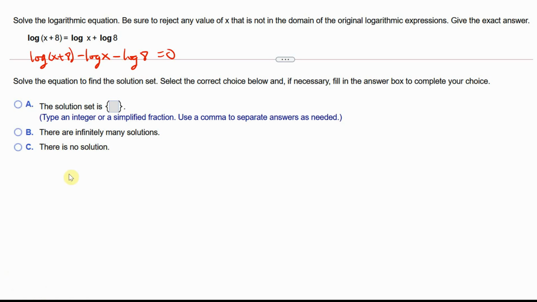So now I can use the expansion condensing formula. So this is log of x plus 8 all over 8x is equal to 0.